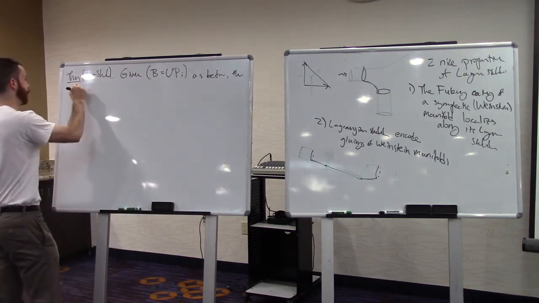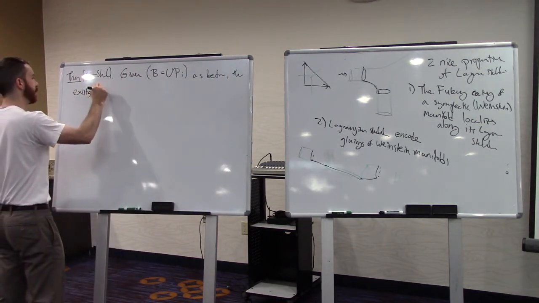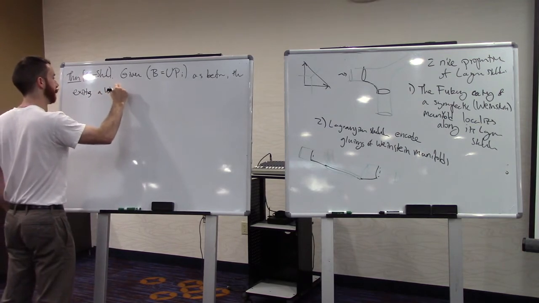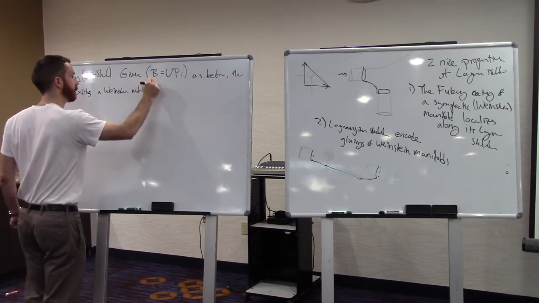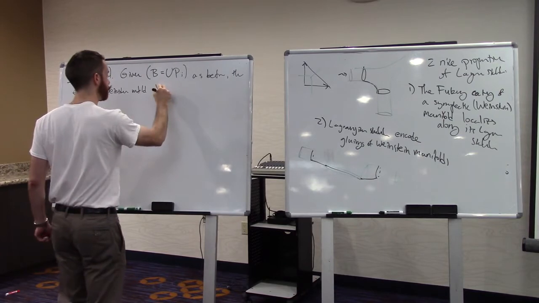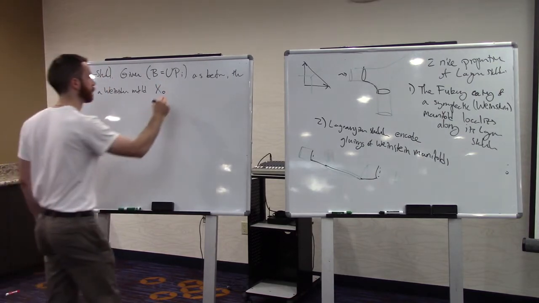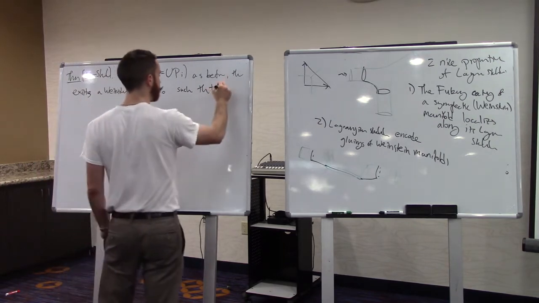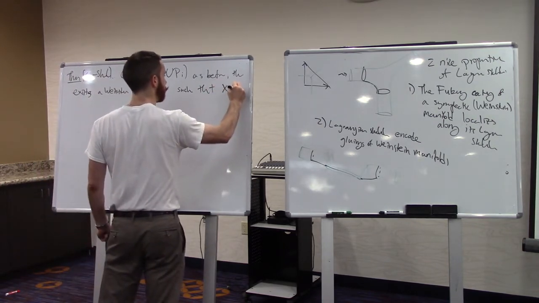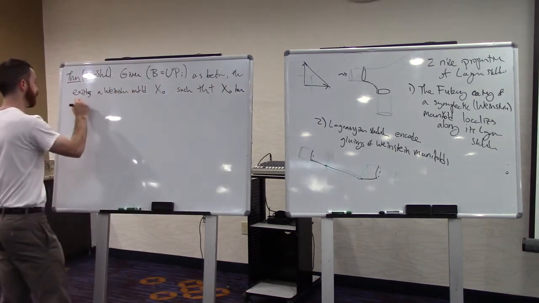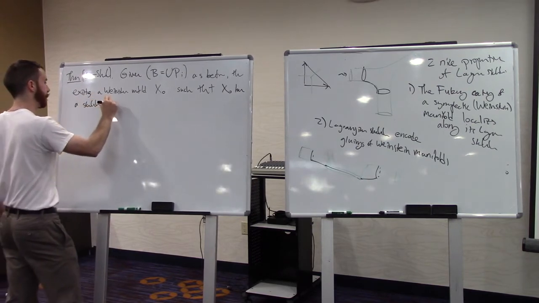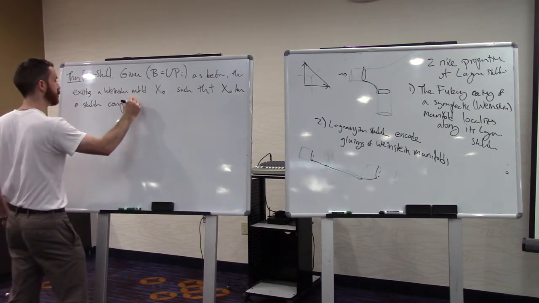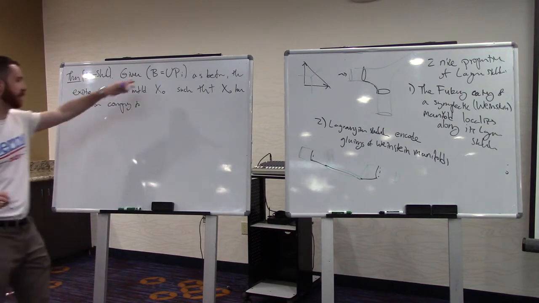There exists a Weinstein manifold X, X0, such that X0 has a skeleton corresponding to the dual polyhedral decomposition of this.